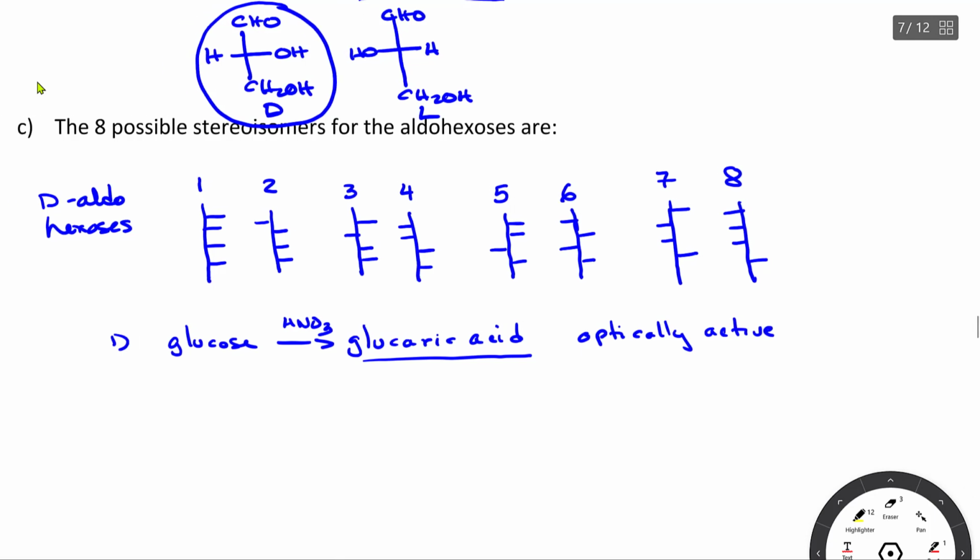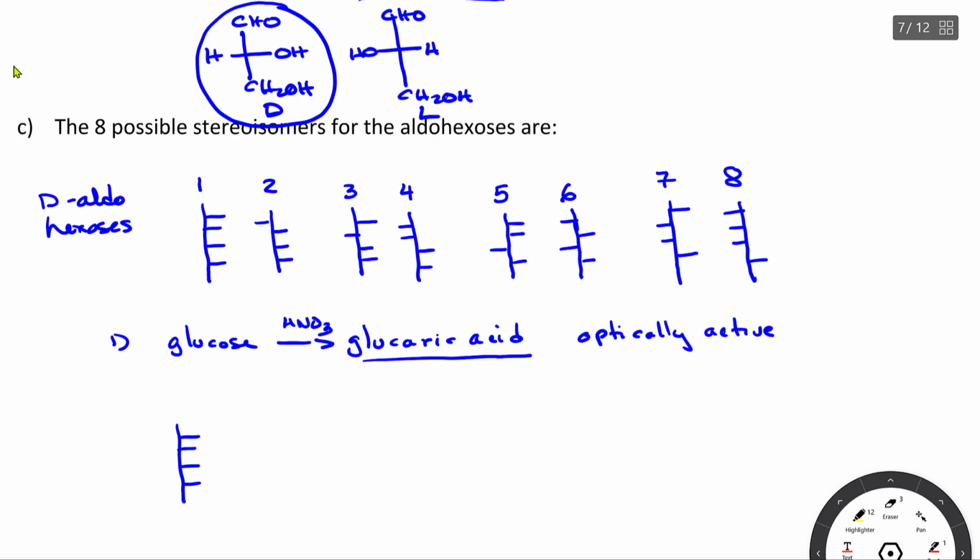So now you can look at a couple of these structures. For example, looking at structure number 1. Remember, and this is one of the reasons why I actually like drawing these structures this way. I'm going to copy it. Now this is in glucose, and you probably know that already.